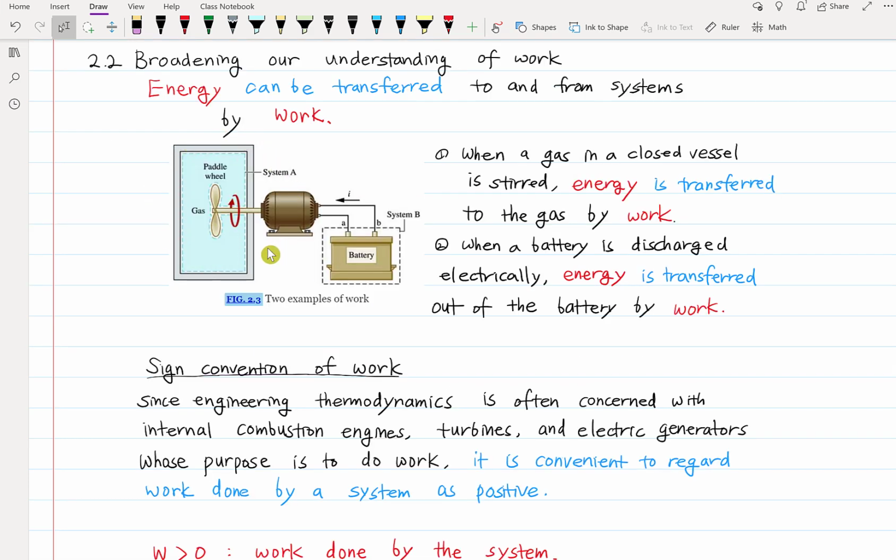In this case, energy is transferred to the gas, so work is negative in this case. In this case, the battery is discharged, so work is done by the system.